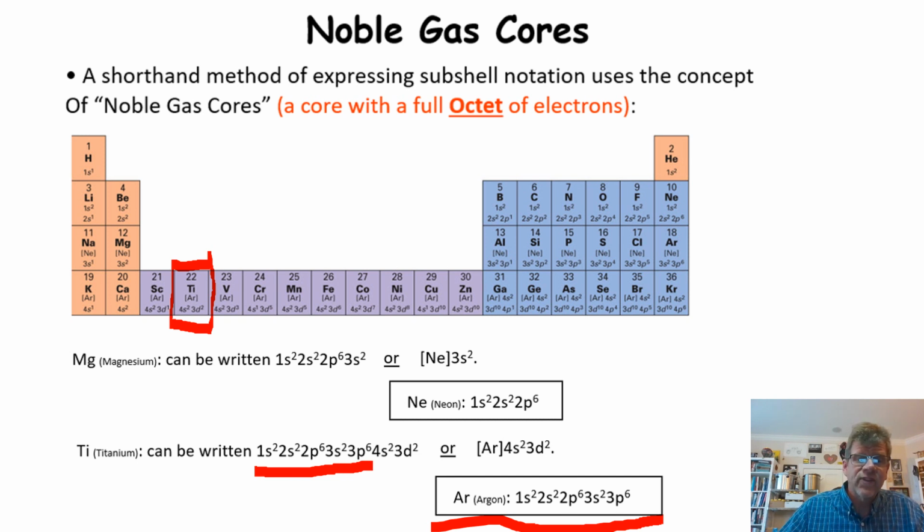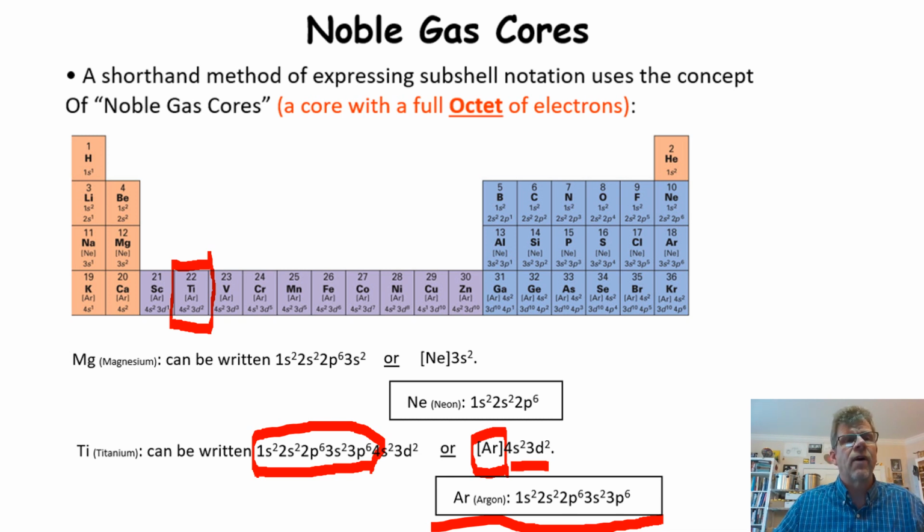So instead of writing all this extra gibberish right here, we can put in just argon in brackets and then complete that with 4s2, 3d2, if we want to. That can happen for any number of elements that you're drawing subshell notation or electron configuration for, but it is a shorthand way of doing it so that we don't all get carpal tunnel syndrome trying to draw out an electron configuration that is very, very long.